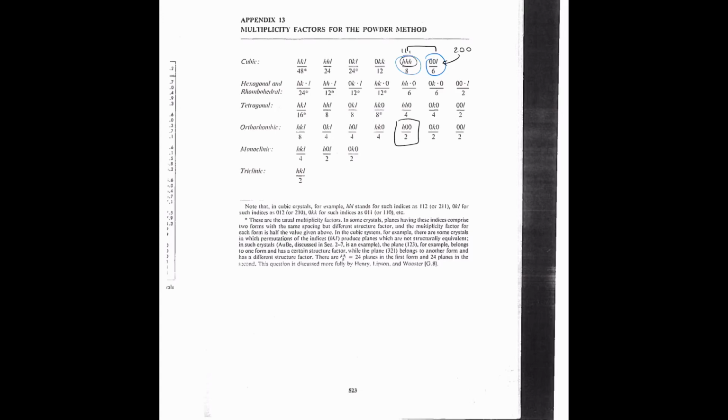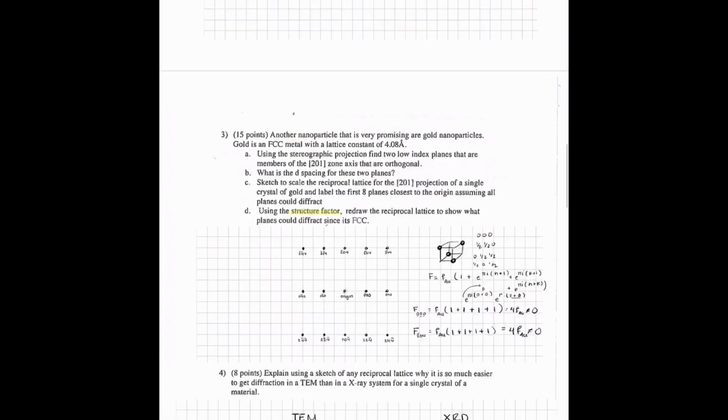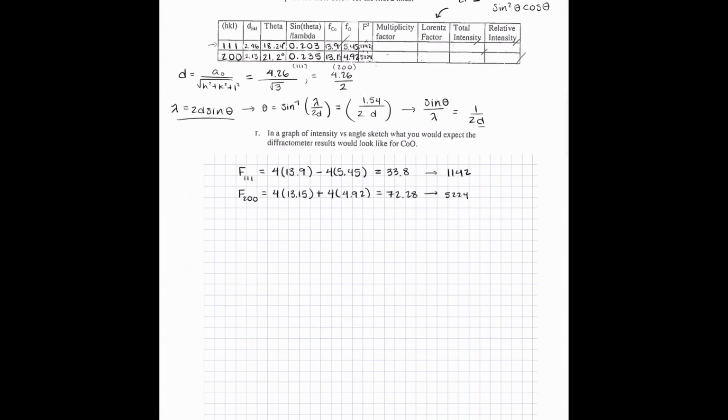You don't use the other one because our shape is an FCC and not an orthorhombic. It is one of the cubic shapes. So our multiplicity is 8 for 111 and 6 for 200.